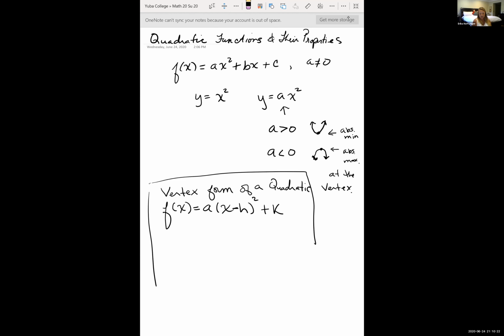If we think of this with transformations, the x minus h shifts our parabola to the right h units.